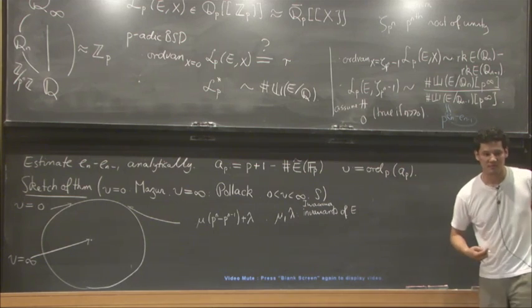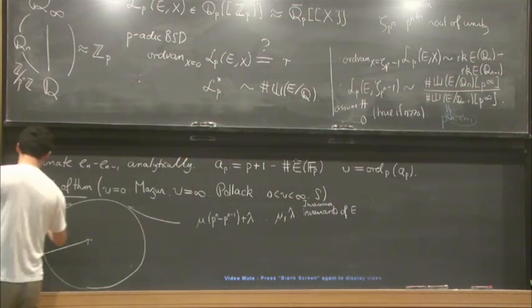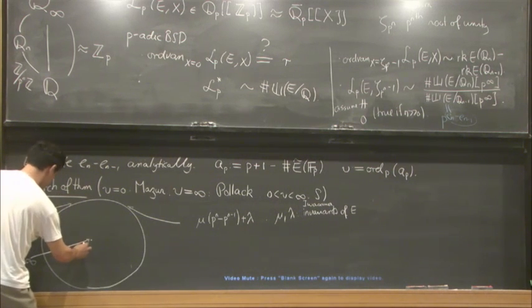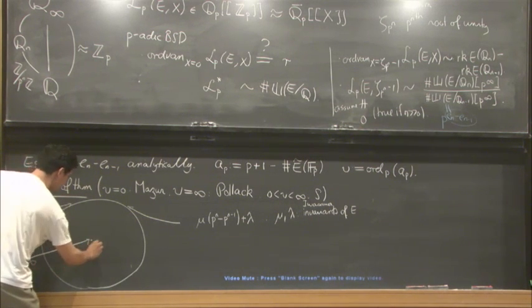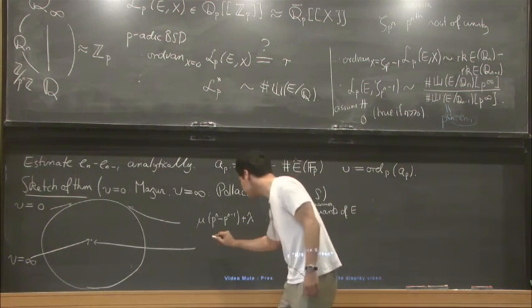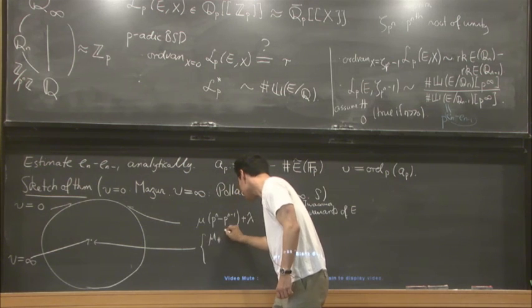So for a long time, it was not really clear what to do when v is greater than 0. But about 10 years ago, Robert-Pollack discovered that in the case v equal to infinity, there's a pair of formulas that describes this phenomenon quite nicely.